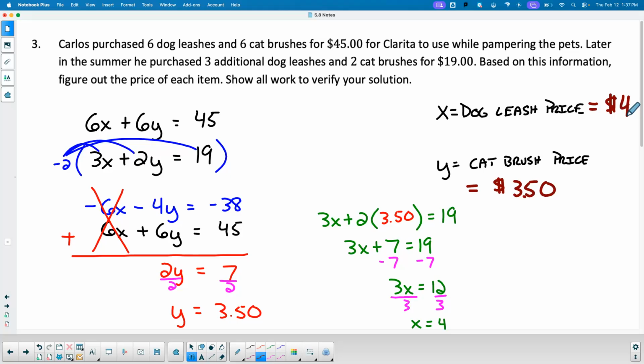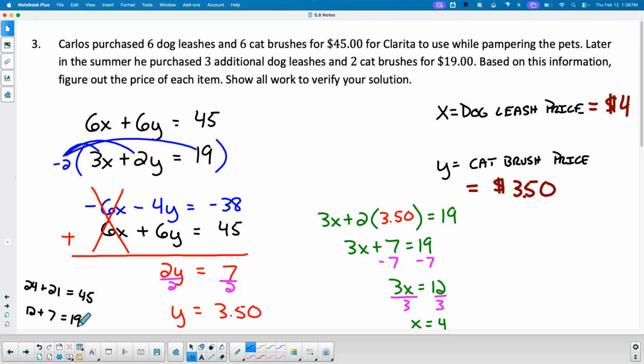Okay? 6 dog leashes is $24 then. 6 cat brushes is $21. So that gets me $45 that they spent. Works out there. 3 dog leashes is $12. 2 cat brushes is $7. That gets me a $19 bill, which is what that works out to be.